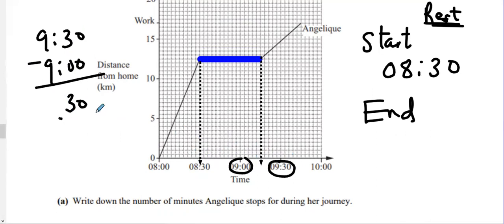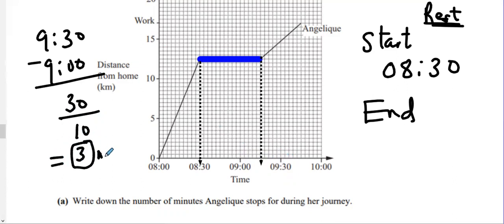Now 30, you need to divide by how many small lines there are. We need to work out how many divisions there are between 9 and 9:30. So how many divisions are there? 1, 2, 3, 4, 5, 6, 7, 8, 9, 10. So go ahead, divide it by 10. So each line equals 3 minutes.